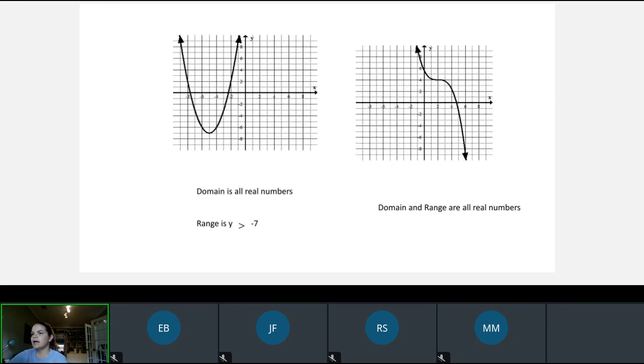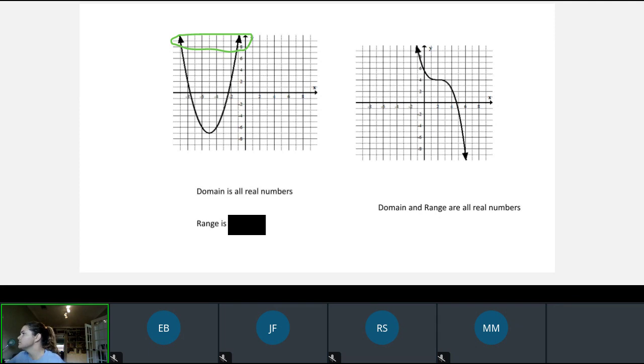All right, let's go ahead and try these. Alrighty, so for this first one, because our endpoints are arrows, we know that that domain is going to be all real numbers.